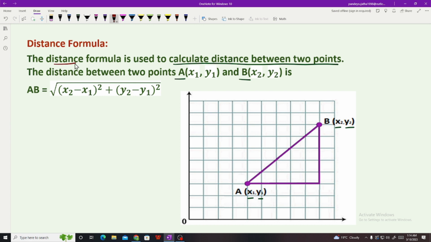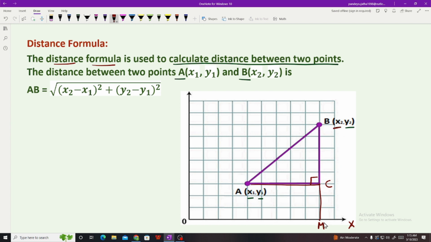To derive the distance formula, you construct a right angle triangle, that is, draw BM perpendicular to the x-axis and draw AC perpendicular to BM. So we get a right angle triangle, that is ABC. Here, to find the distance of AC, mark this point M as x2, since the x coordinate is x2.